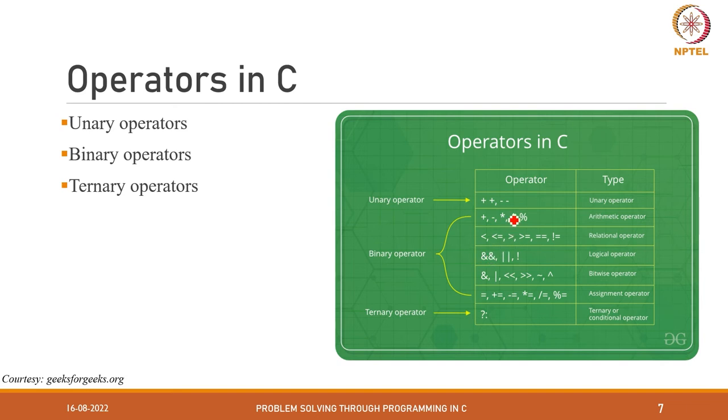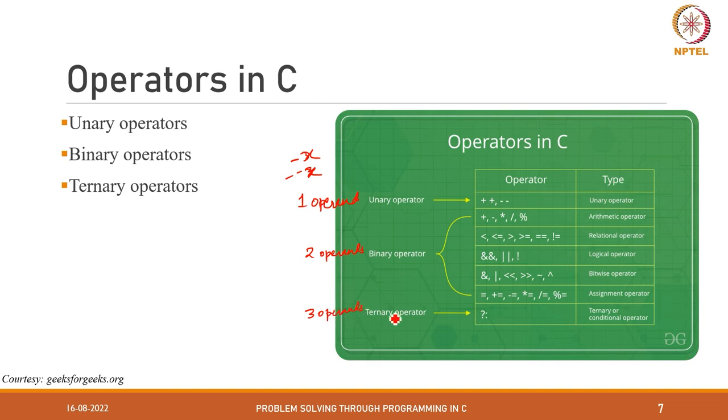Unary operators act on one operand, that is minus 3, or minus x and so on. A binary operation happens between two operands, that is a plus b, a minus b, and so on. And for ternary operators, there will be three operands.